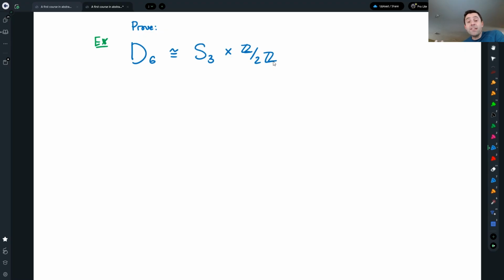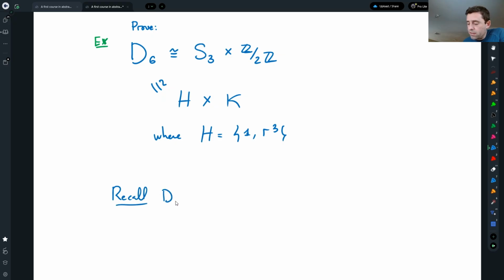And D6 is a group that is non-abelian of order 12, but it turns out is exactly this. What we're going to prove is that D6 is actually an internal direct product of an H times a K, where H is the identity and R cubed.